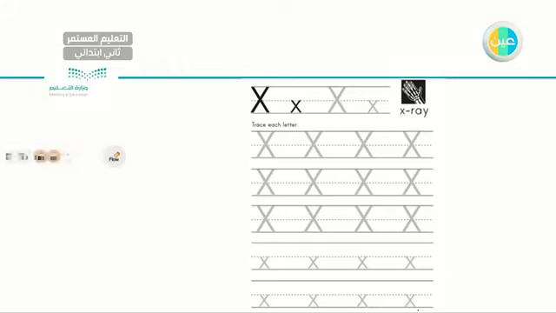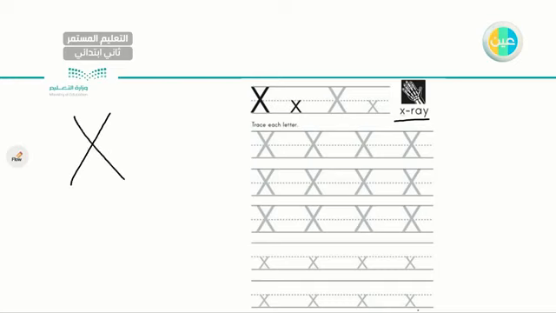The next letter here I have is letter X. Letter X. As you can see, I have a word here that starts with X. The word is X-ray. We need to have X-ray. If we have accidents, if we have pain, we make an X-ray at the hospital. To your left, I will write a capital X first.